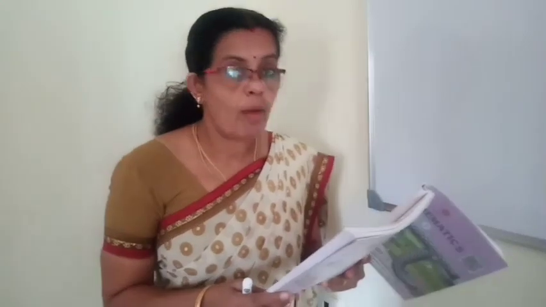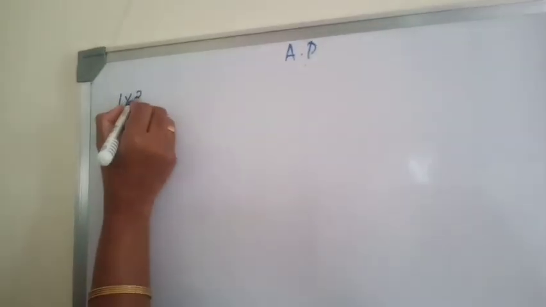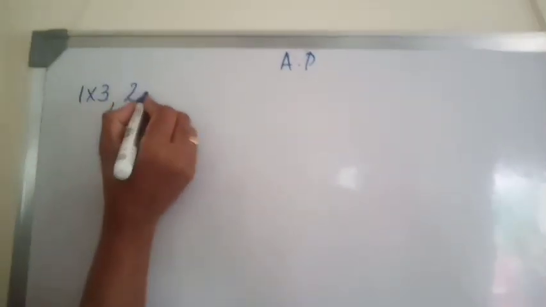There are 12 classes from 1st standard to 12th standard, and each class having 3 sections. So they said, example, a section of class 1 will plant 1 tree. So 1st standard children will plant only 1 tree. But in 1st standard, how many sections are there? 3 sections. 1 tree, but there are 3 sections. So 1 into 3, 3. 2nd standard children will plant 2 trees, 3 sections.